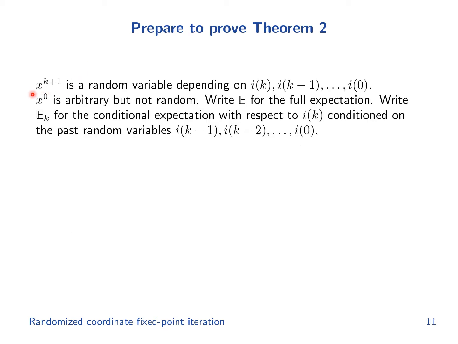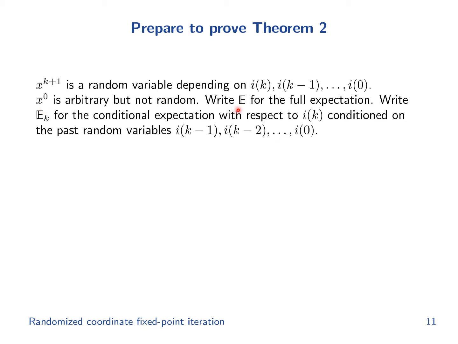The last part of the preparation to prove Theorem 2: let's study conditional expectation. Recall that the ik sequence are the indices of the blocks that are randomly chosen to generate the xk plus 1. By definition, xk plus 1 is a random variable that depends only on i0 through ik. The initial point is arbitrary but not random.